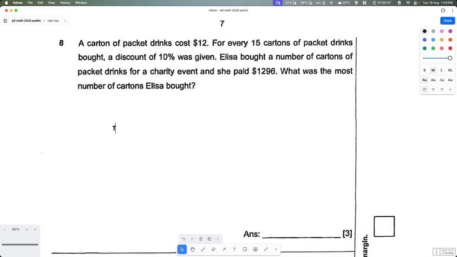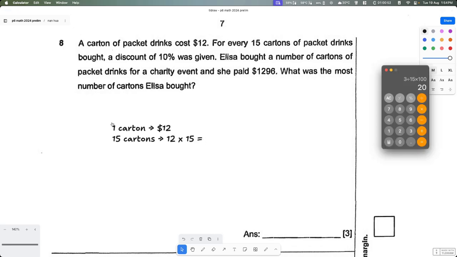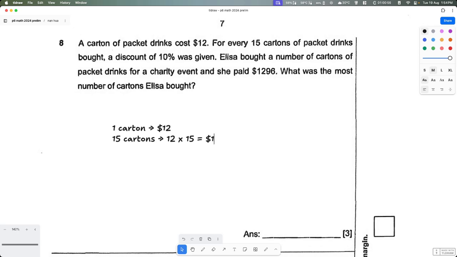Okay, so one carton is equal to $12. So 15 cartons is equal to 12 times 15. Okay, in this case, this will be $180.